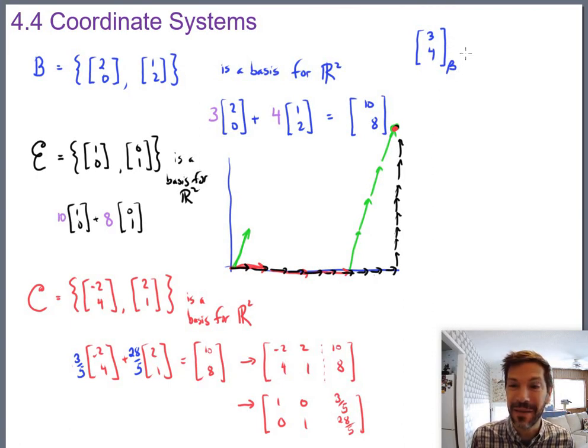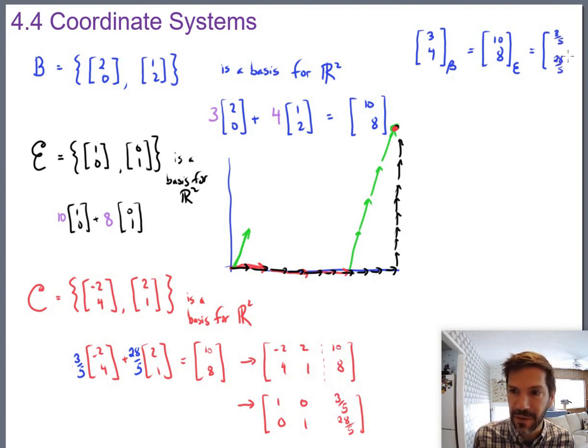And you would then say that's equal to 10, 8 in basis E, which is equivalent to 3/5, 28/5 in basis C. Those are 3 different coordinate systems to get to the same point.